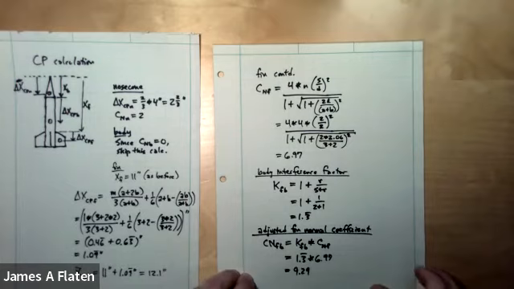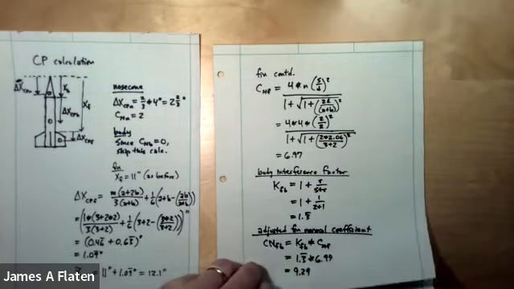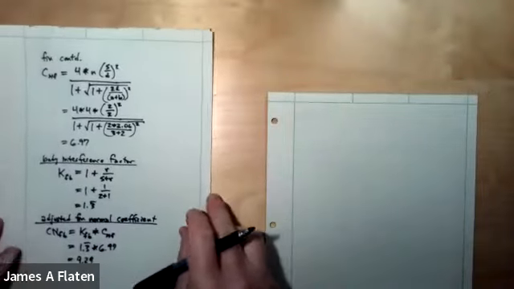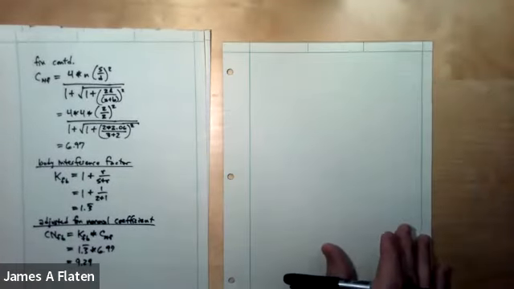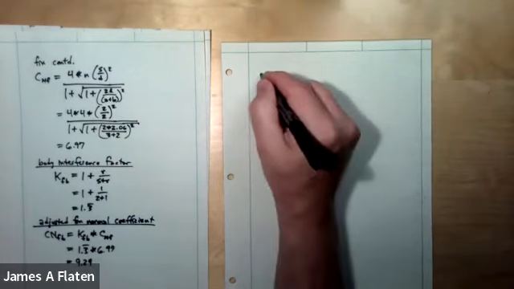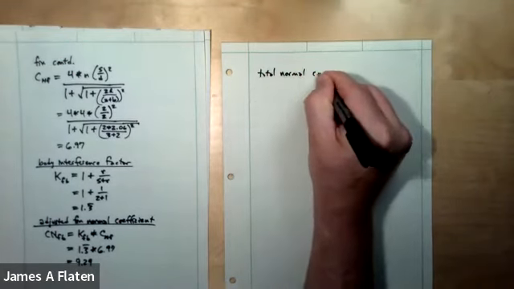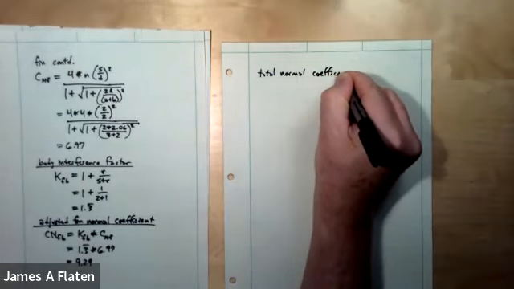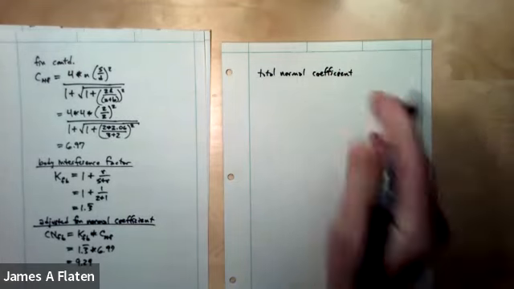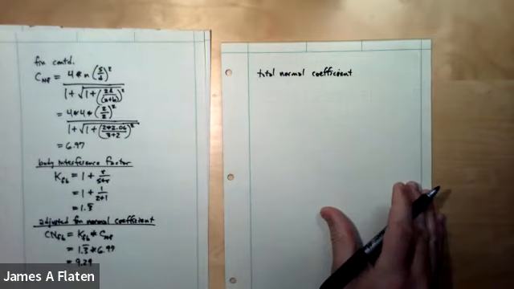Good. Now, if I want to calculate the average location, I just need to do the following. Total normal coefficient, this is sort of like the total mass in the previous calculation.